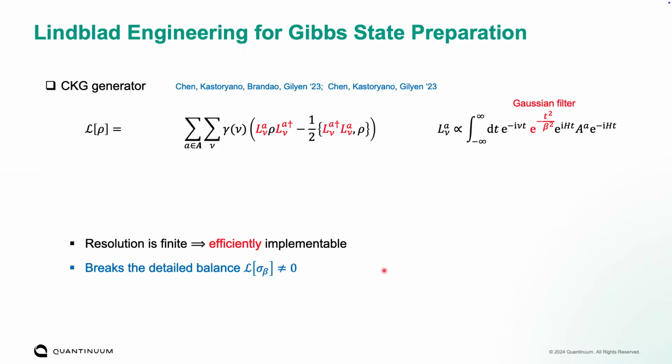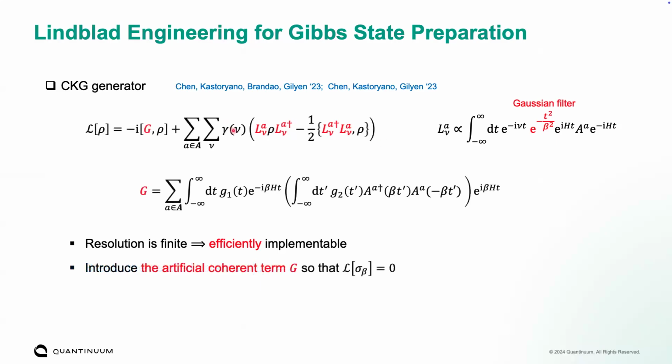What they came up with, Chen, Kastoryano, and Gilyen, is to add some coherent term, G. In the introductory slide, I had the Hamiltonian of the system here, but this G has nothing to do with the Hamiltonian itself. Instead, they designed an artificial coherent term in such a way that this Lindbladian has a Gibbs state as a fixed point.